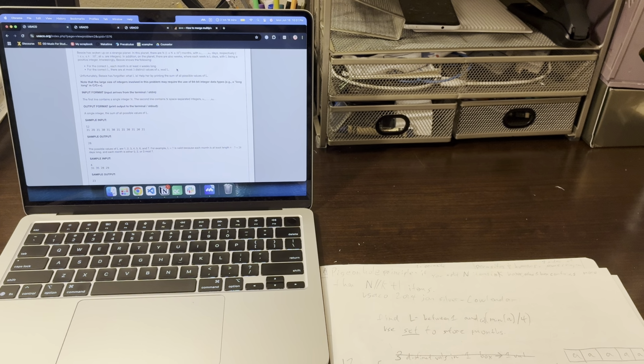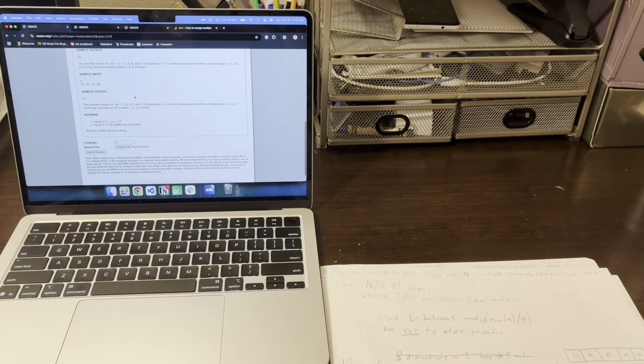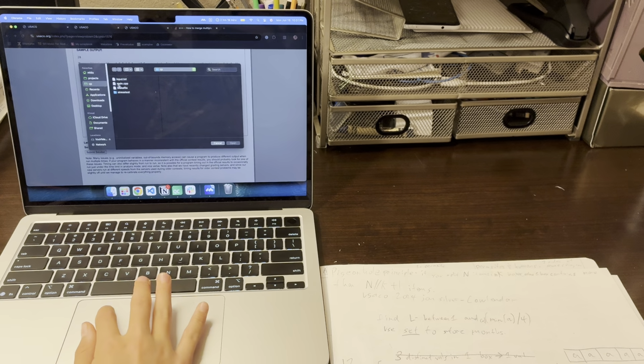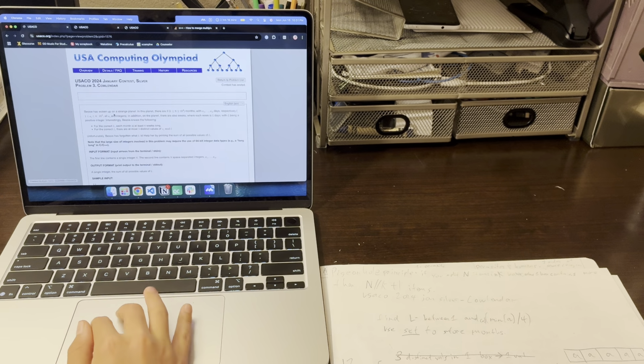And so we literally just have to try every single week value from 1 to the maximum amount of weeks, which is dictated by each month being at least 4 weeks long.